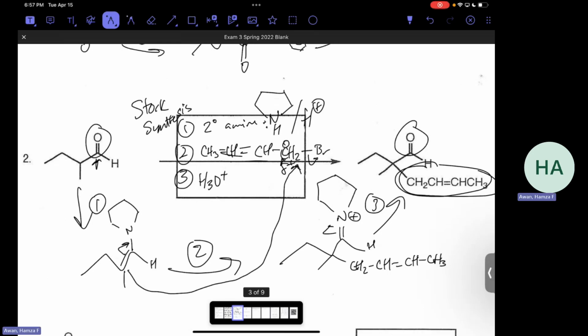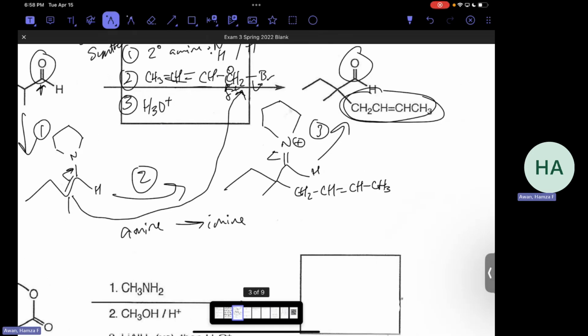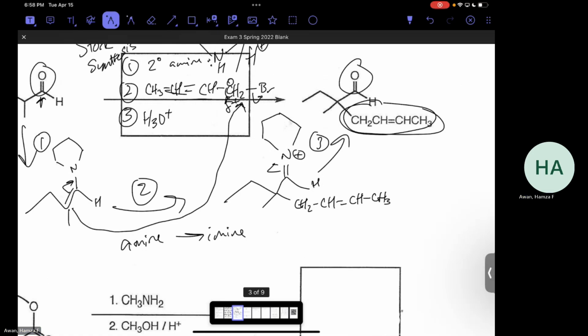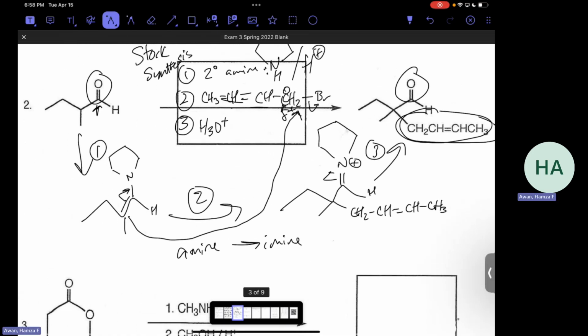Oh, so in Stork synthesis, the amine becomes an imine. It goes from amine to imine. Yeah, there is going to be a double bond on the nitrogen whenever we have Stork synthesis. No, no, the plus charges don't attack this.